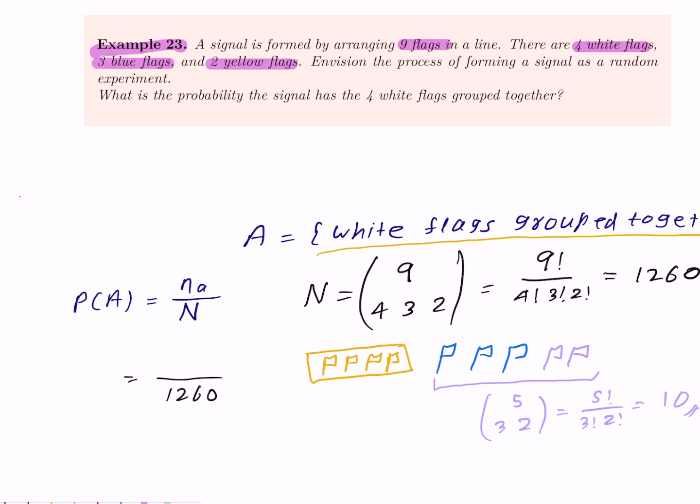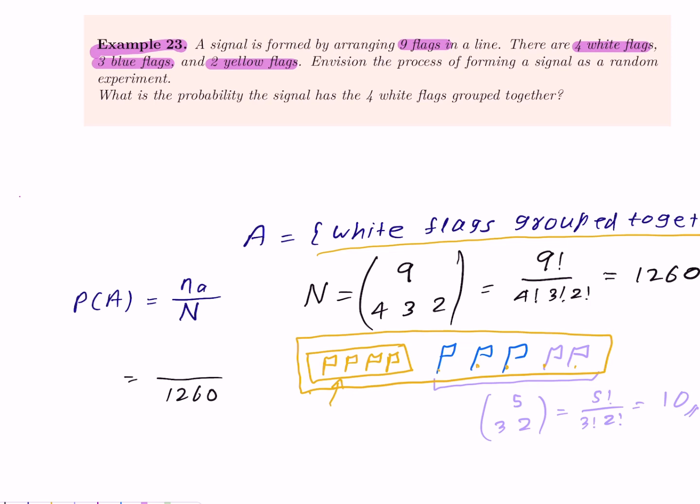If you consider everything, how many ways can you arrange this? How many here do we have? 1, 2, 3, 4, 5. The group of white flags is now as one, just one group, therefore six. There are six. So how many ways can we arrange these six?